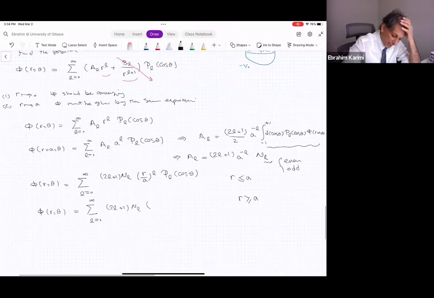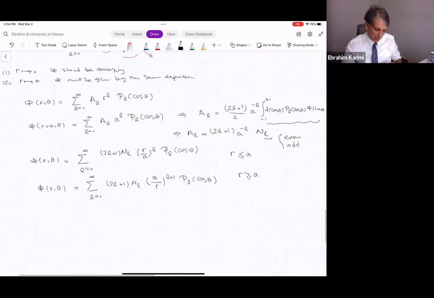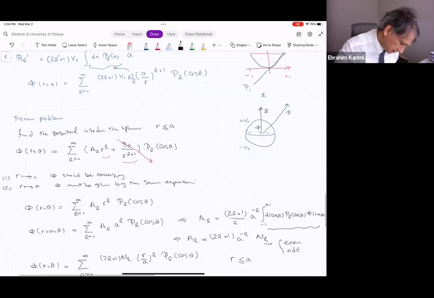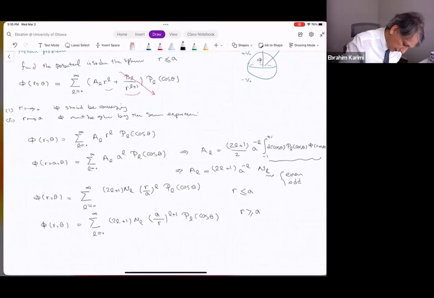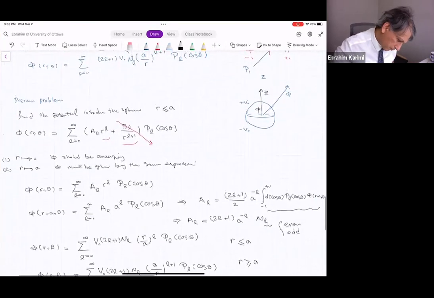I think we had A divided by R to the power of L plus 1, PL of cosine of theta. Let me double check, guys, but I think that's the expression. There was a V0 as well here.